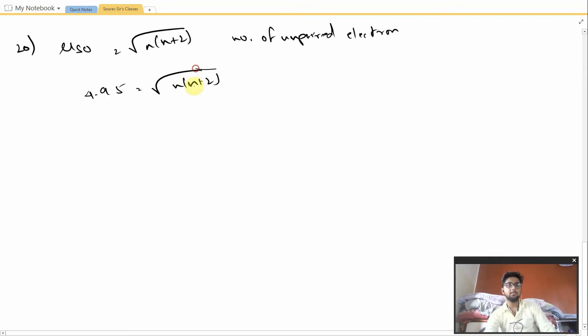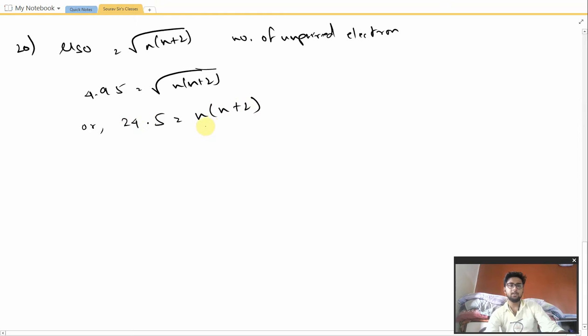So let us square this: 4.95 into 4.95. We get 24.5, which is equal to n into n plus 2.